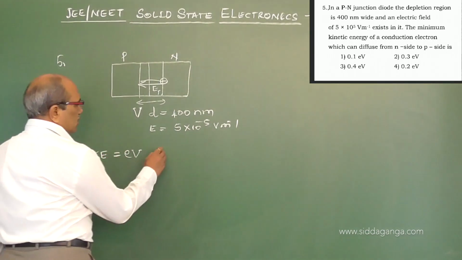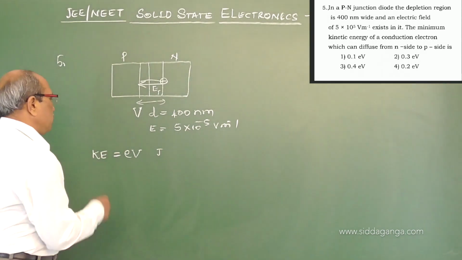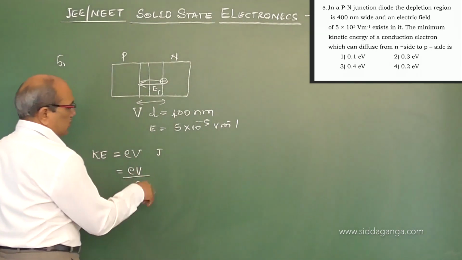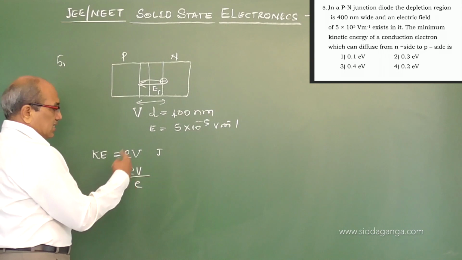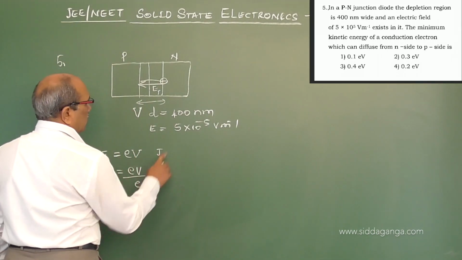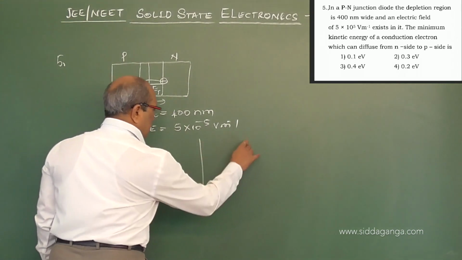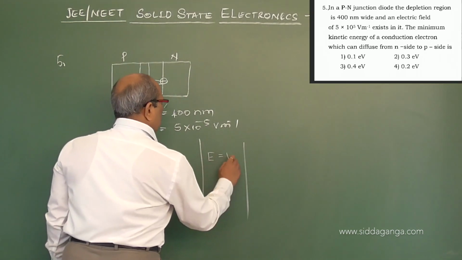So it comes in terms of joules. If you want to convert to electron volts, eV divided by e, 1.6 into 10 power minus 19, both e cancel, and you can write directly 400.